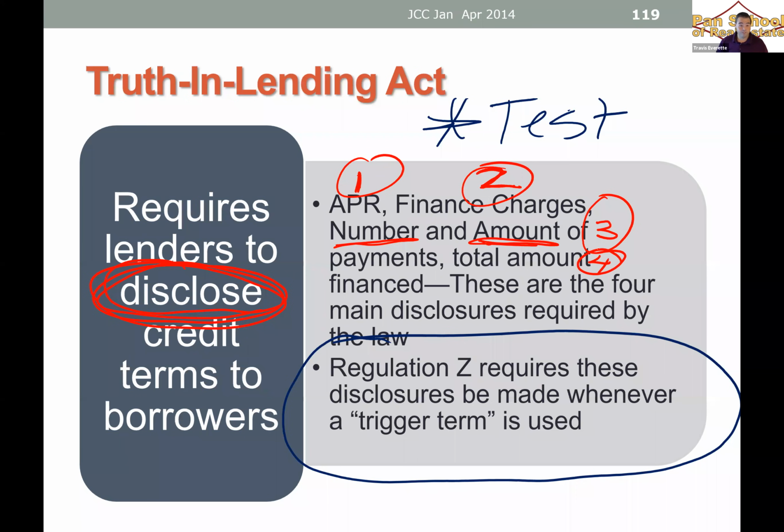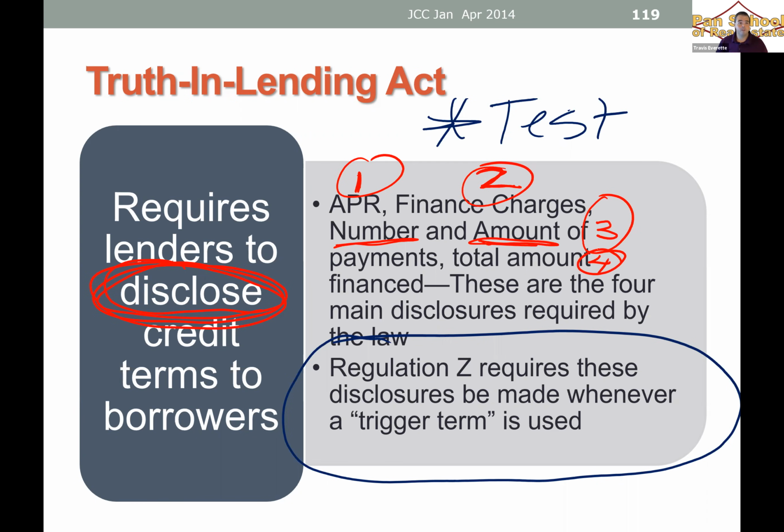So if we accidentally advertise a loan, we had better be willing to also tell people four things about that loan: the APR, the finance charges, the amount of the monthly payment, and how much people are borrowing.